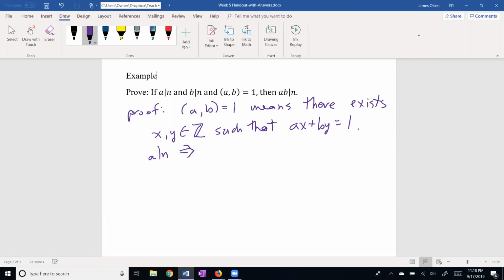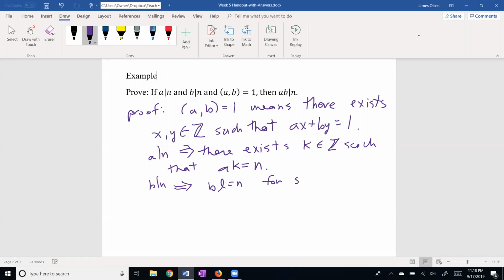This implies that there exists, I'll use K in the integers, such that AK equals N. Similarly, B divides N implies BL equals N for some L in the integers.